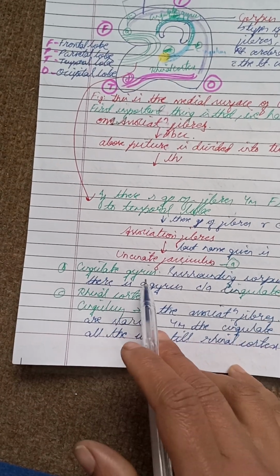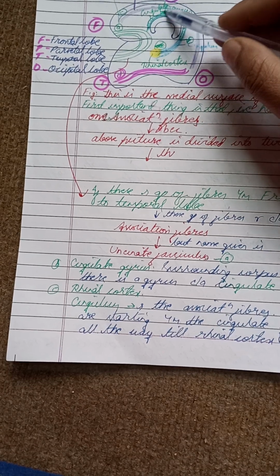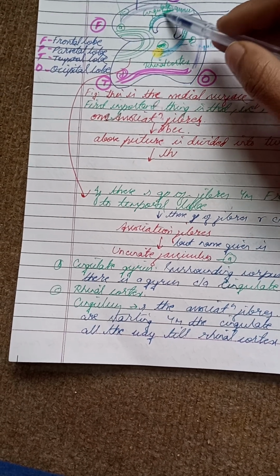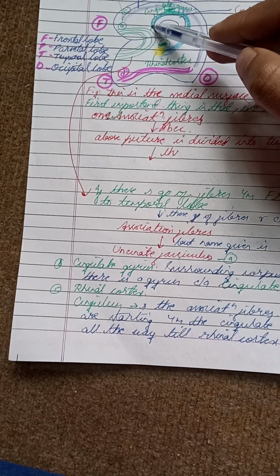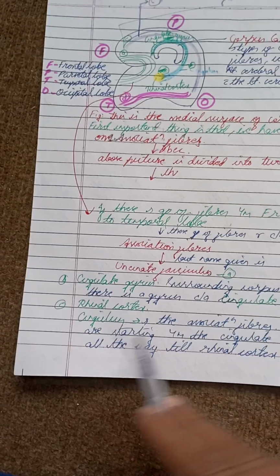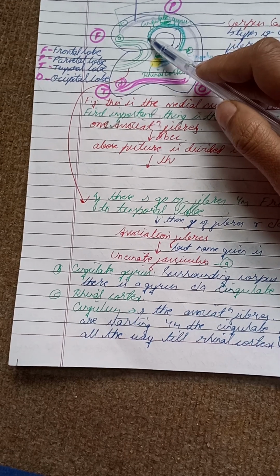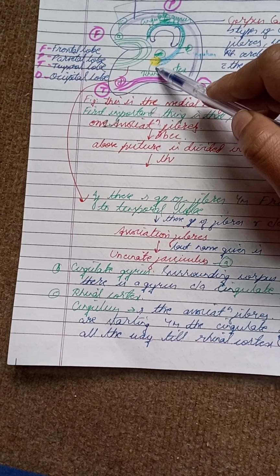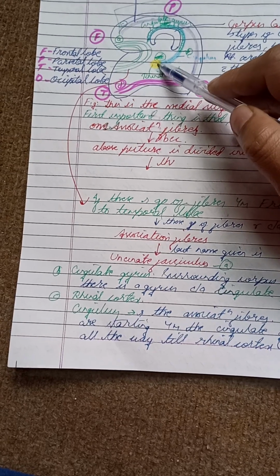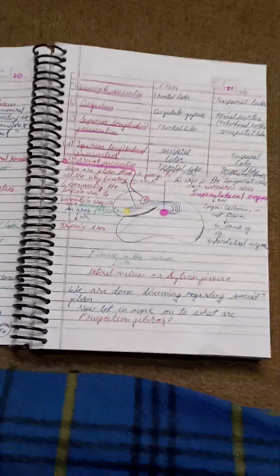And this is the cingulate gyrus, surrounding the corpus callosum. There is a gyrus called the cingulate gyrus, and what is the cingulum? The cingulum is the association fibers starting from the cingulate gyrus all the way to the rhinal cortex, or entorhinal cortex. So we came to know about four fibers.